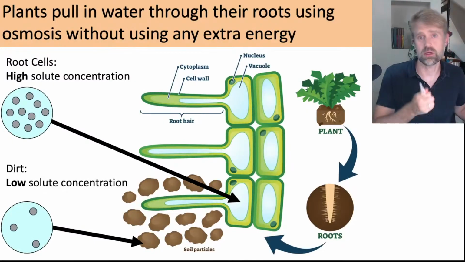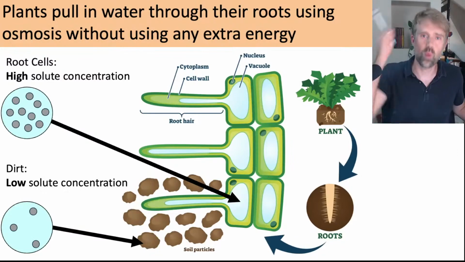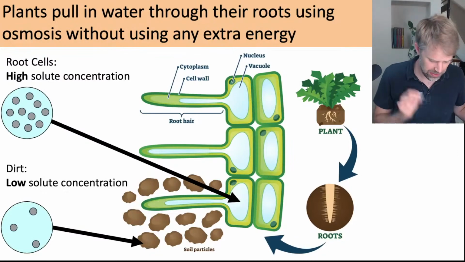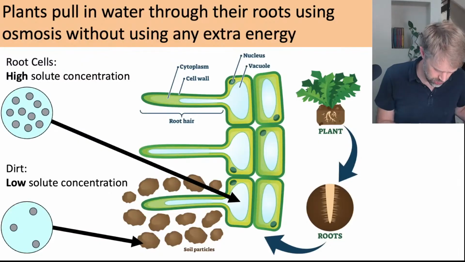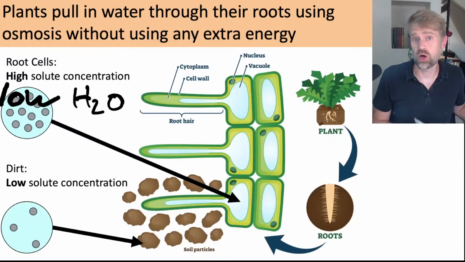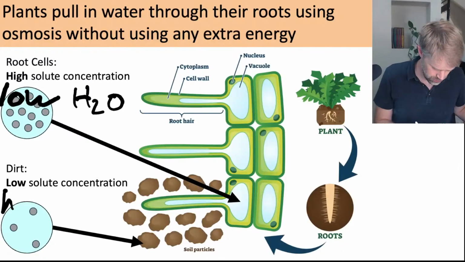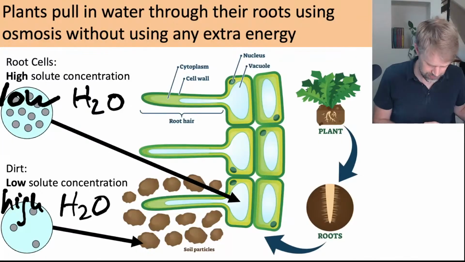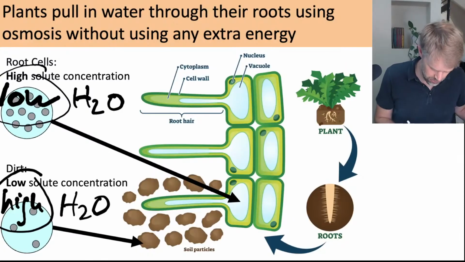Another way you can think about it is in terms of water concentration. If you have a high solute concentration, you must have a low water concentration. If you have a low solute concentration, you must have a high water concentration. And that means that water is going to move from high to low.